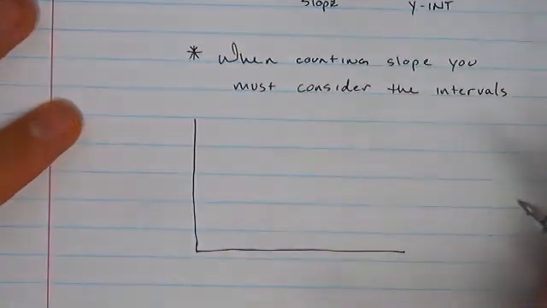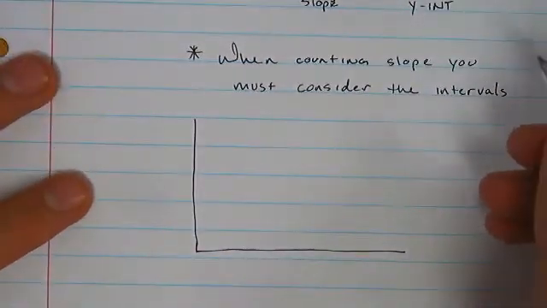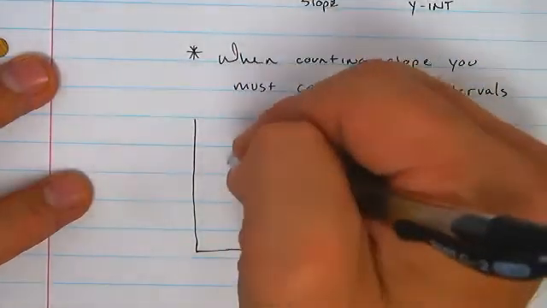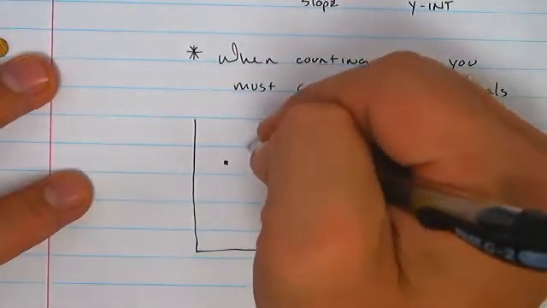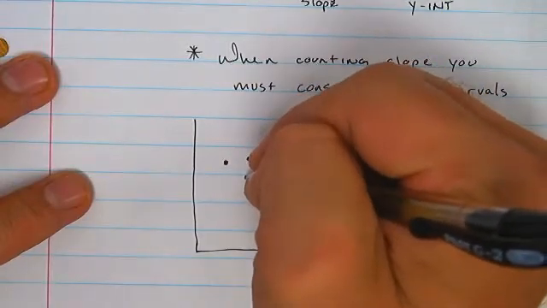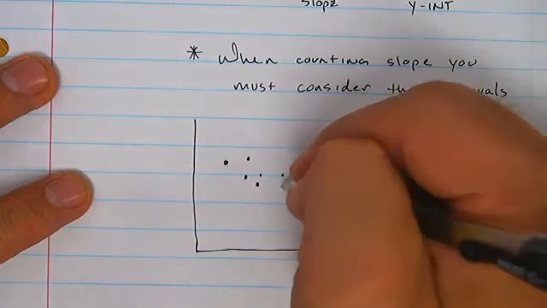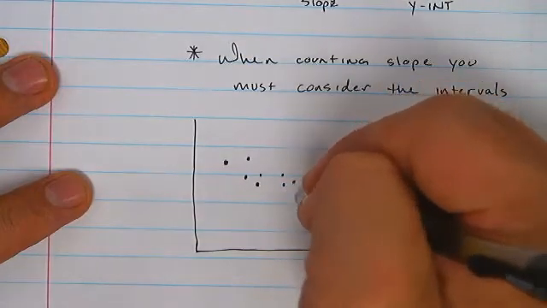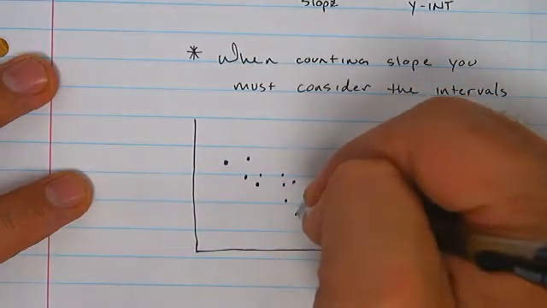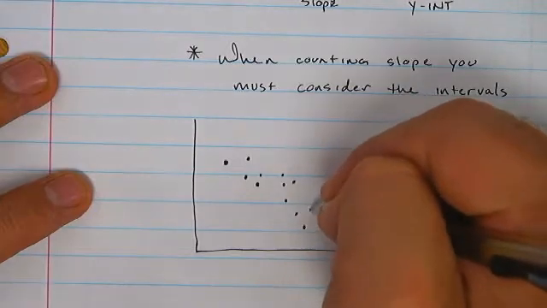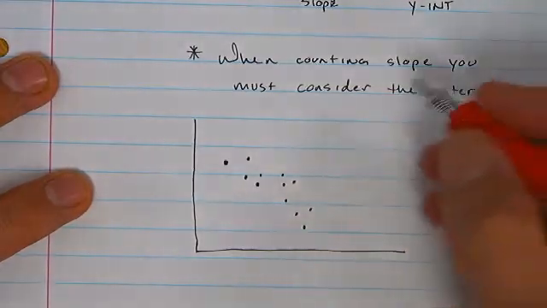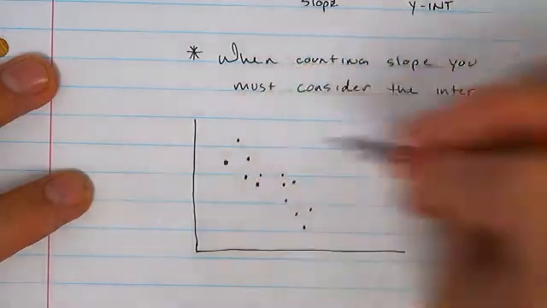So we have our data points here. And we can just kind of put some random points here and there. We'll trend it down. Okay, so there we have it, right?